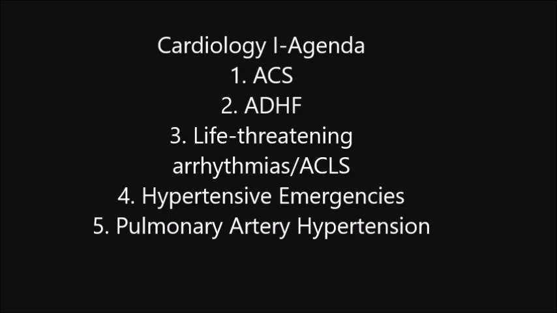All right, so there are some hemodynamic parameters that you need to know and understand that are different in acute decompensated heart failure than they are in a normal individual without heart failure. The first number that most clinicians look at when they're trying to decide what therapies to initiate in a patient is the pulmonary capillary wedge pressure. Someone who is fluid overloaded is going to have a high pulmonary capillary wedge pressure, 18 to 30. It's not unusual to see that.